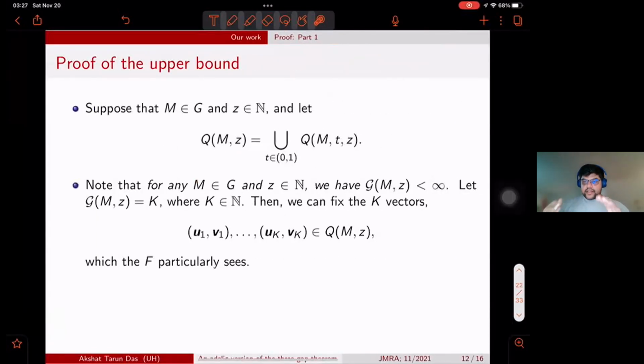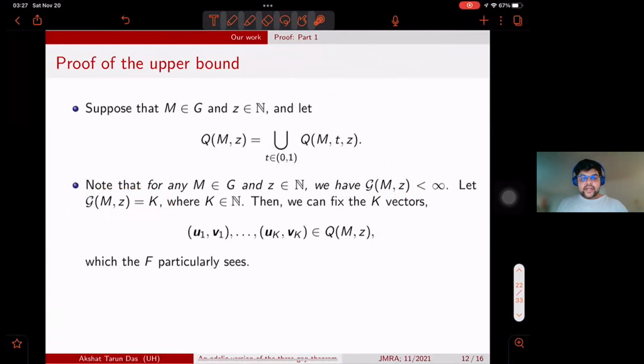Then the next important observation that we have is that for any lattice element M, this function capital G is actually finite. So since it is finite, let's go ahead and assume that the value of the capital G function is this natural number capital K.